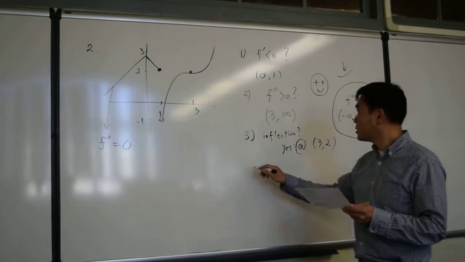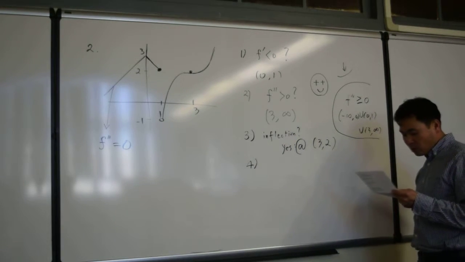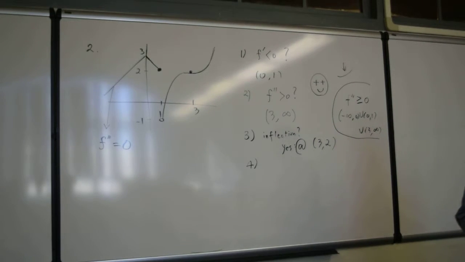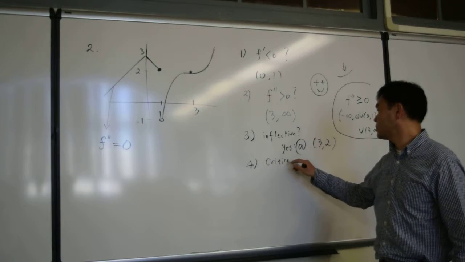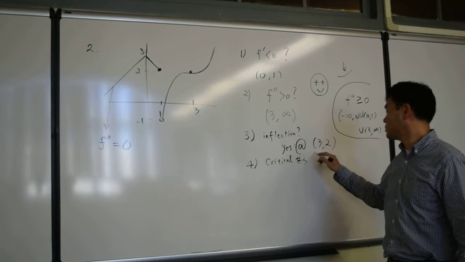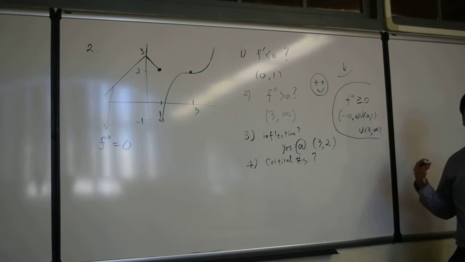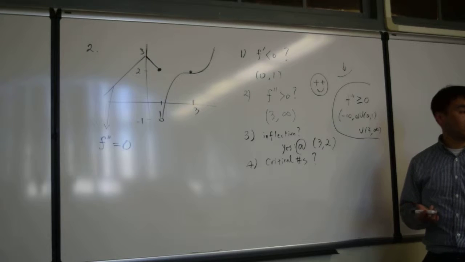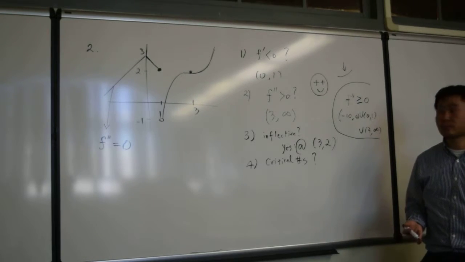Question 4. It's asking, find all critical numbers. So what's a critical number again? These are the places where the derivative is 0 or not differentiable. First, tell me the points where the function is not differentiable.